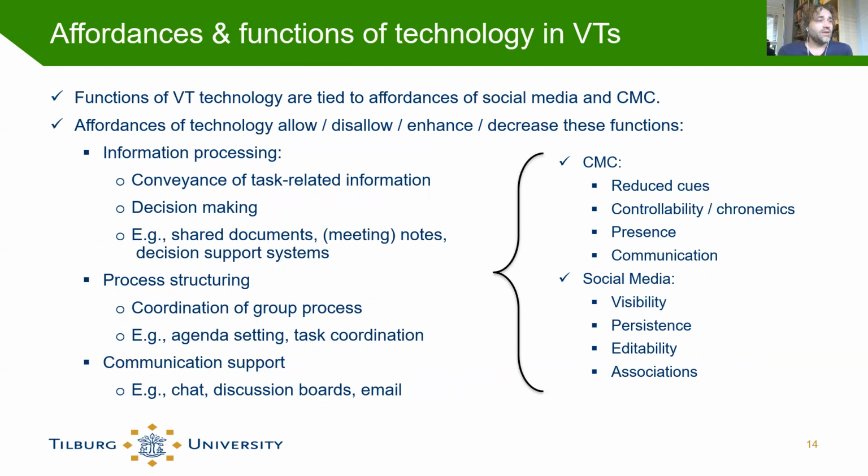And if you think of the affordances we talked about in the previous lectures, so the affordances of social media, visibility, persistence, editability, associations, and if you look at the characteristics, or actually also affordances, of computer-mediated communication, reduced cues, the controllability you have over those cues, the social presence that is there or not, depending on the computer-mediated communication technology you use, and the basic ability to communicate, then you can see there is a lot of overlap between these affordances and these functions of virtual team technology.